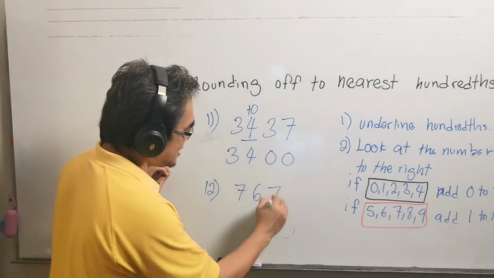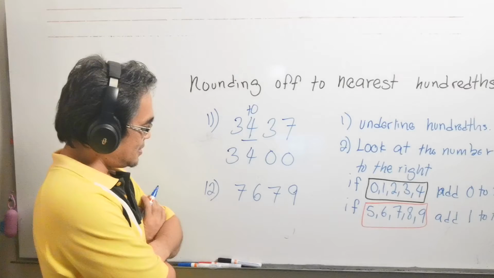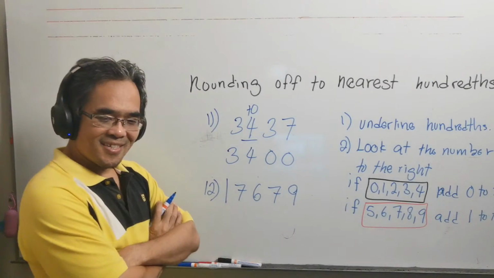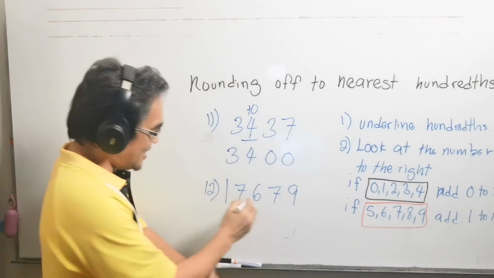7, 6, 7, 9. You add one more number. I add 1 here. Underline 6.